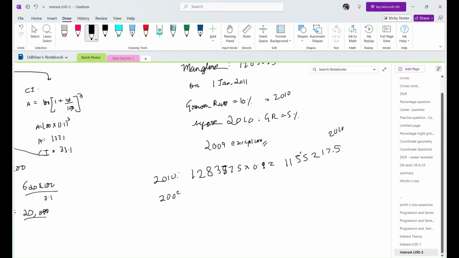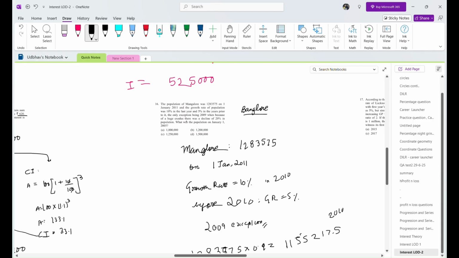Now in 2009 there is a decline of 20% due to a huge exodus. What is the exodus? Exodus means mass departure of people. Okay. Oh, people went from Mangalore to Bangalore.